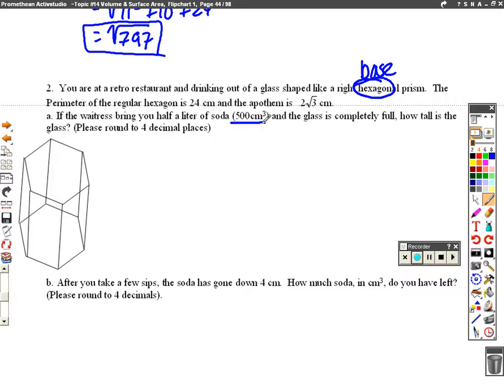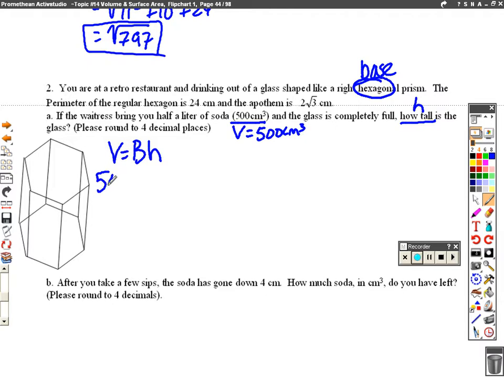So basically, what's happened here is they have given you the volume of the glass, which is 500 centimeters cubed. So we're going to use the volume formula, B times H, to solve for the height of the glass, which is how tall it is.